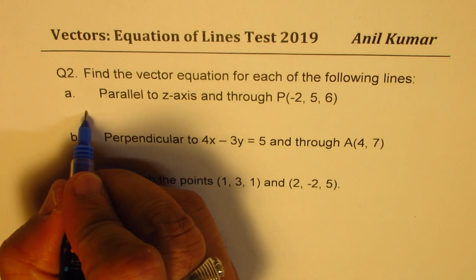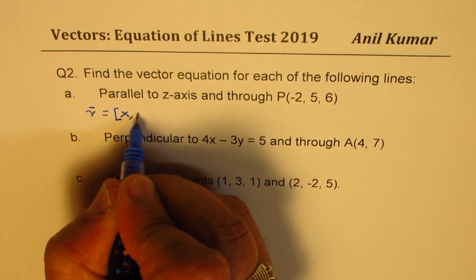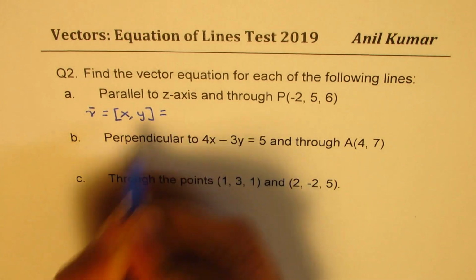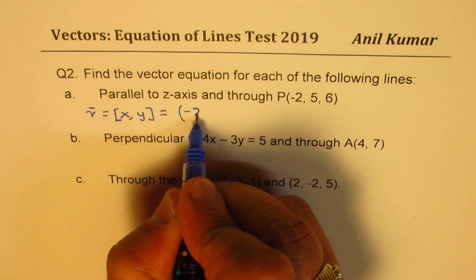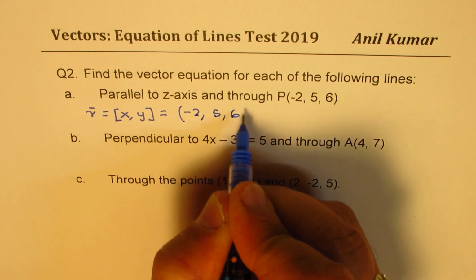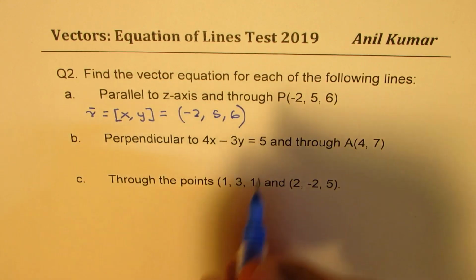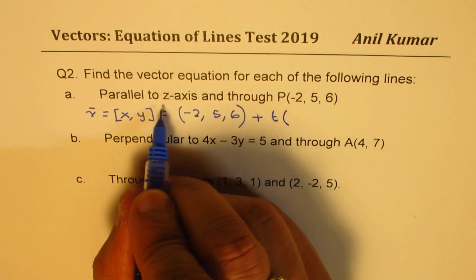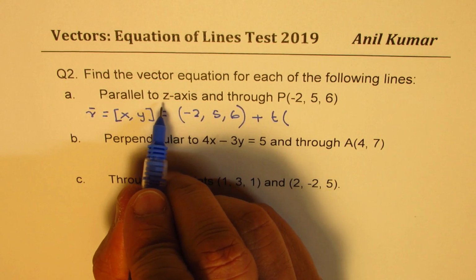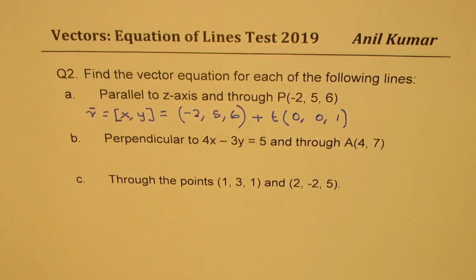So the vector equation, which we could also write as (x, y, z) is equal to, we are given the point, so let's use this particular point, (-2, 5, 6), and parallel to the z-axis, that is to say, we'll use a parameter, right, and it is only moving along the z-axis, so we have (0, 0, 1), okay? So that's how you could write it.